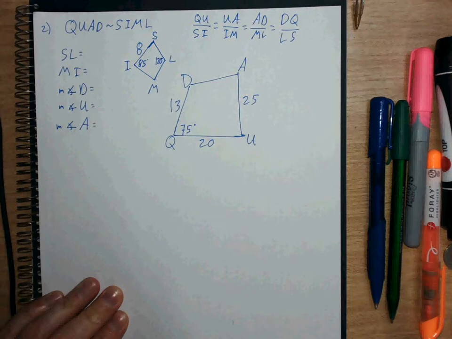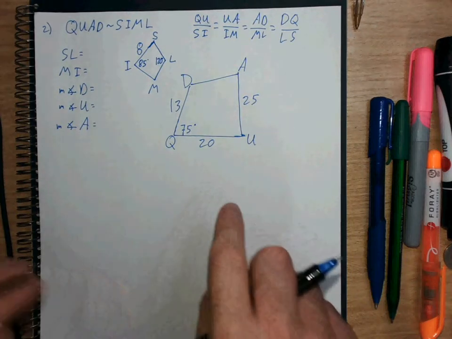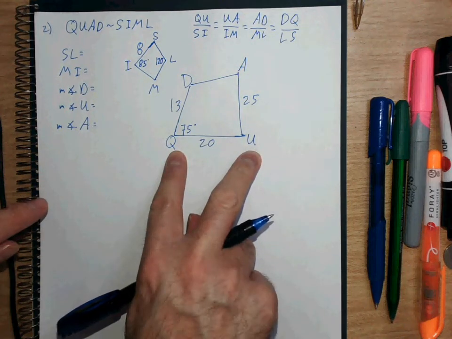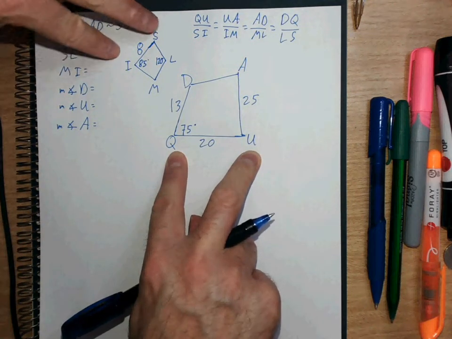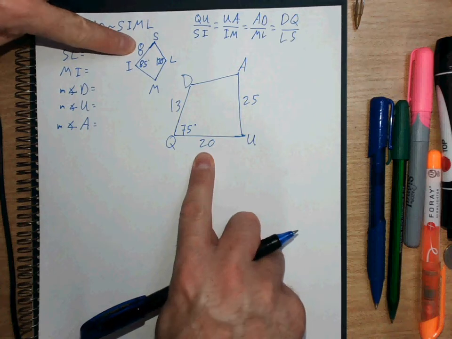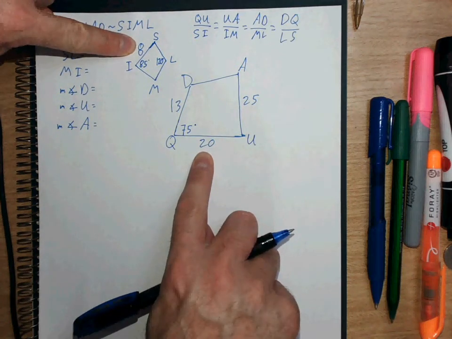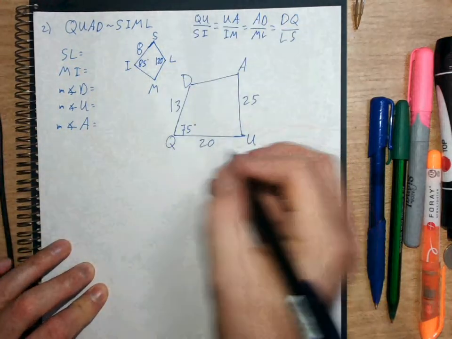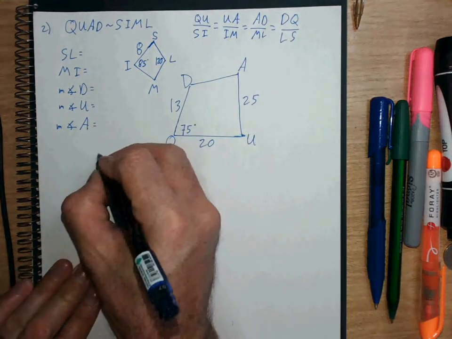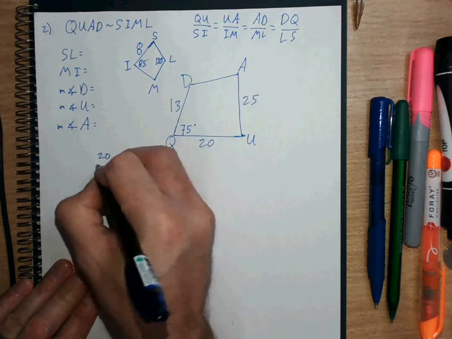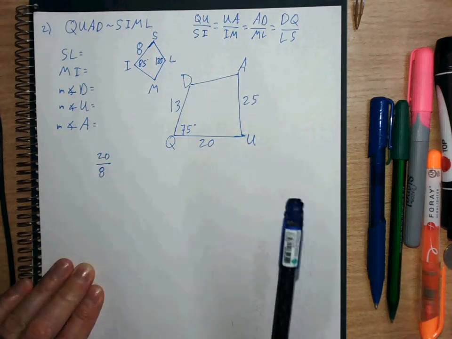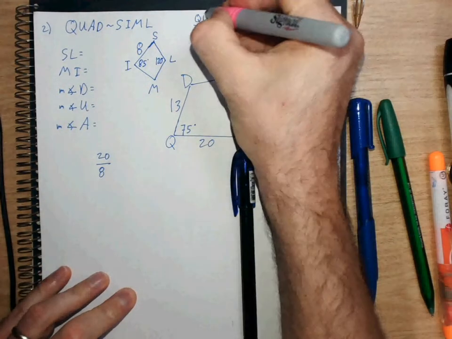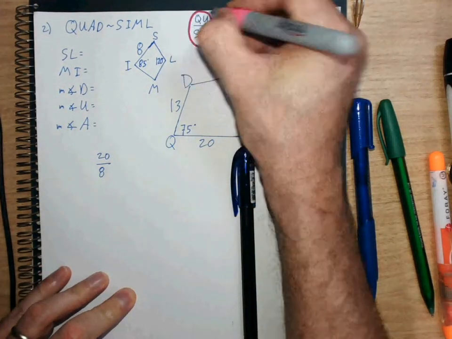Okay, so which ones do I have a pair for? It looks like I have a pair for QU and SI. Okay, I have these two numbers. I know it initially doesn't look like they correspond, but according to this they do. So QU over SI is 20 over 8. Okay, and that is not an integer, but that's okay.